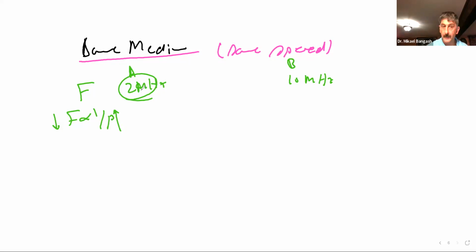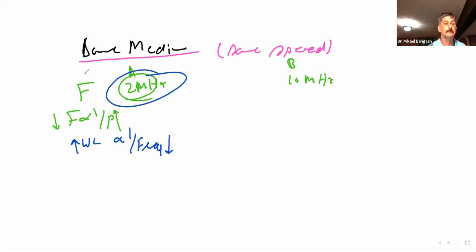Now question number 101. It says, which pulse has the longer wavelength? We already know that wavelength is inversely proportional to frequency. So the greater wavelength will be the lower frequency, which is 2 megahertz. Did that make sense?